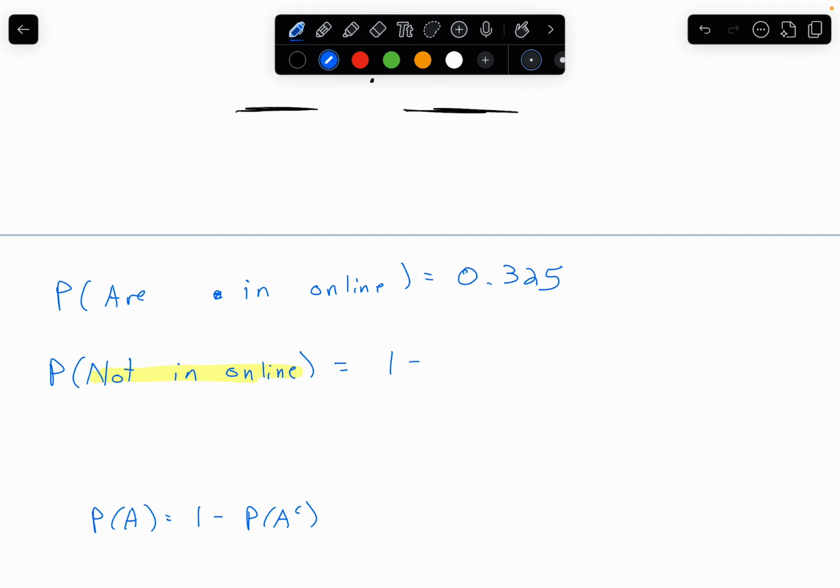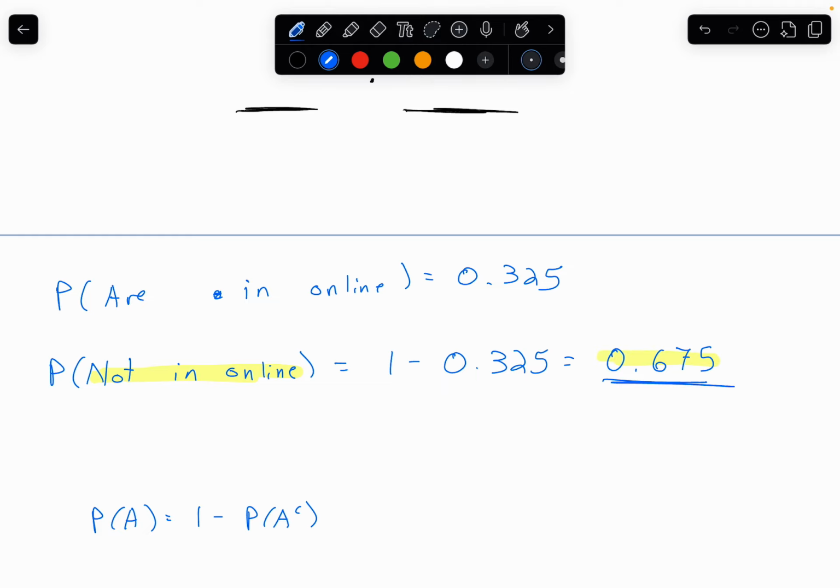So I can just take 1 minus 0.325 to get 0.675. So the probability that they are not in an online course is 0.675.